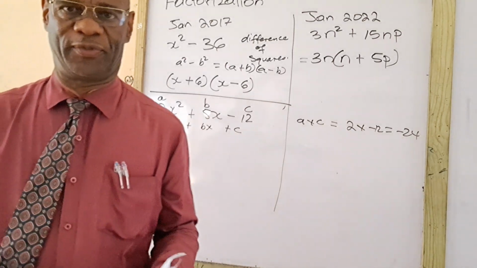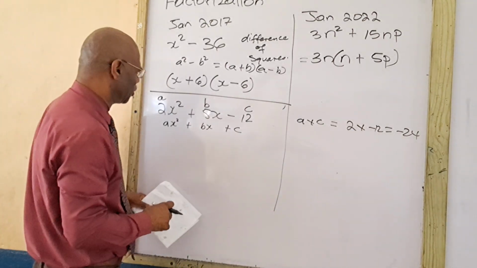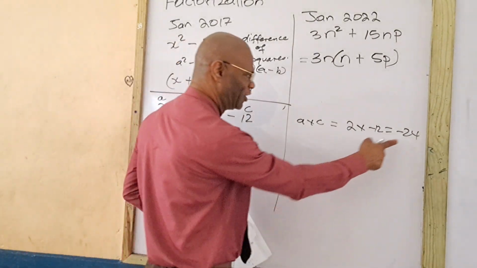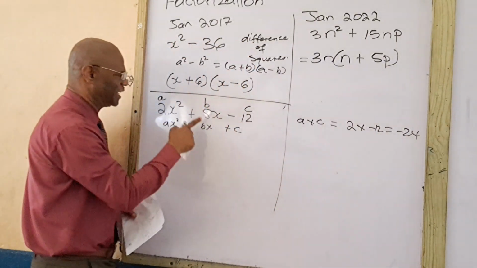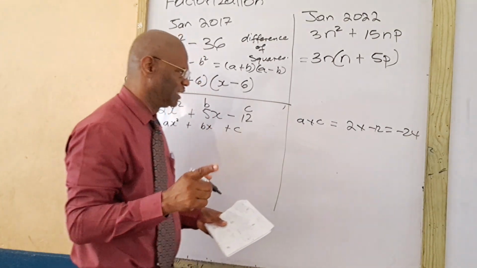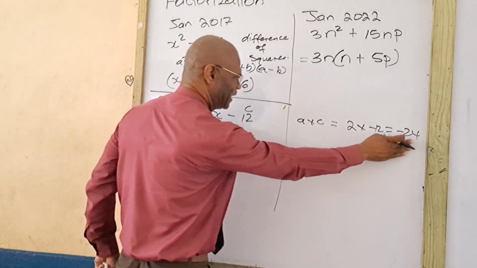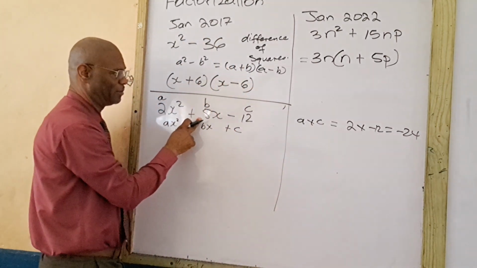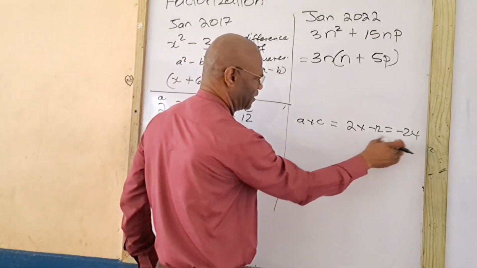So we now need to find 2 numbers that will multiply to give us negative 24 and add to give us positive 5. So let's write out the factors of 24.